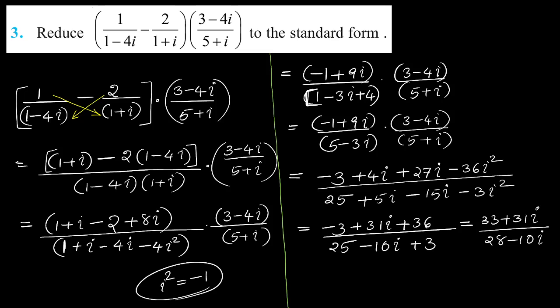The final answer is to be written in the standard form. The standard form of a complex number is a plus bi.